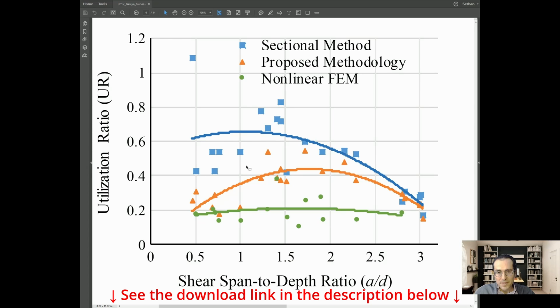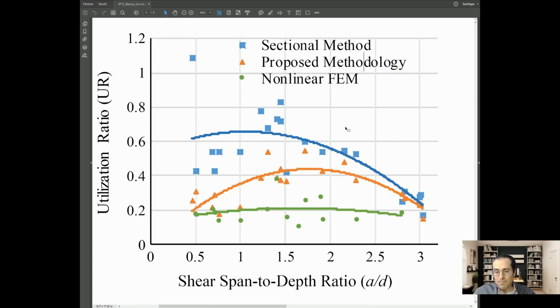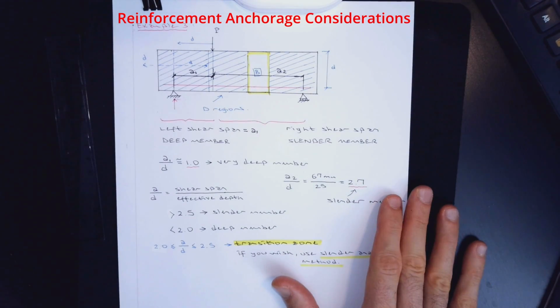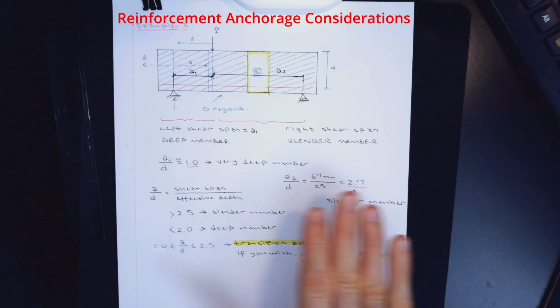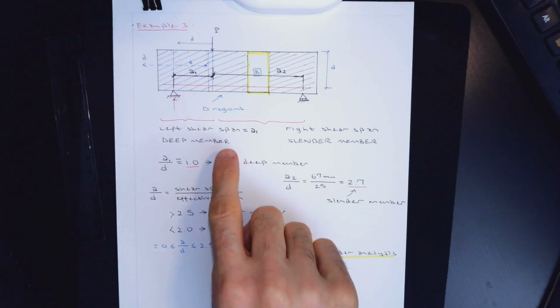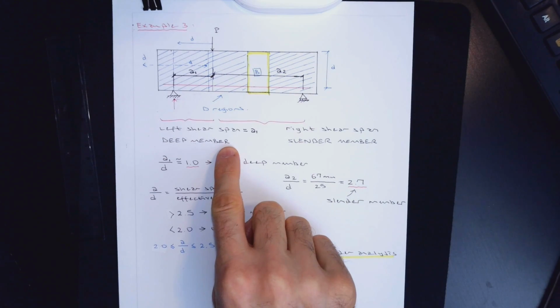Download this paper. It's available on my website, and you can refer to this in terms of how much mistake you should expect if you end up using sectional method for deep members, which you shouldn't really use it. As I showed you in the plot, you would get significantly larger capacities if you use the proper method for deep members, which is the strut-and-tie method or finite element analysis method.